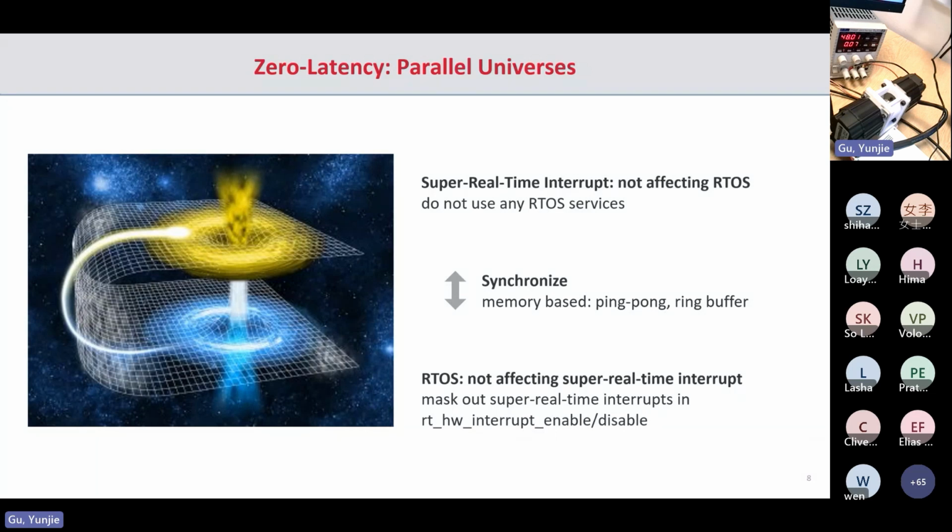They do not affect or hamper each other, but they do talk to each other via, say, a wormhole. If there is a need for data communication between the super real-time interrupts and the RTOS, we can use some synchronization mechanisms. But we can't use anything related to the RTOS itself. We can't use a mutex or a semaphore, but we can use memory-based synchronization, say a ping-pong mechanism or a ring buffer, which is not related to the RTOS.